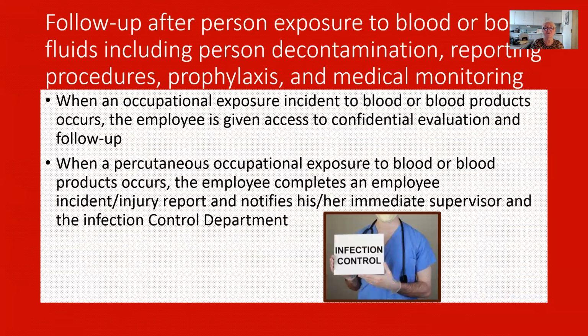When an occupational exposure incident to blood or blood products occurs, the employee is given access to confidential evaluation and follow-up. When a percutaneous occupational exposure to blood or blood product occurs, the employee completes an employee incident injury report and notifies his or her immediate supervisor in the infection control department.